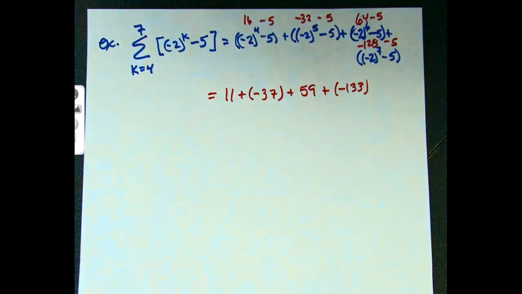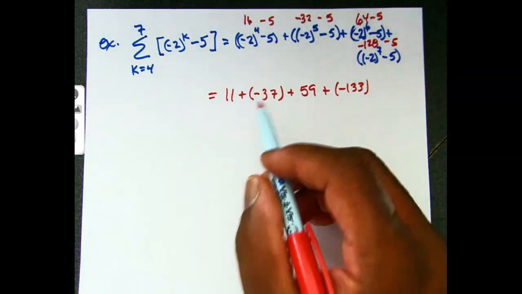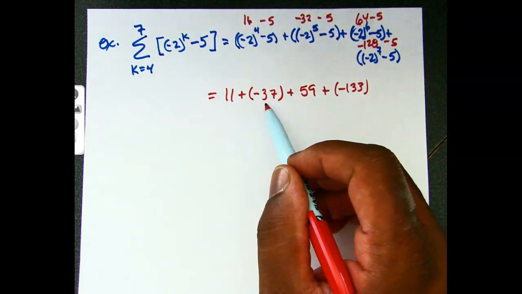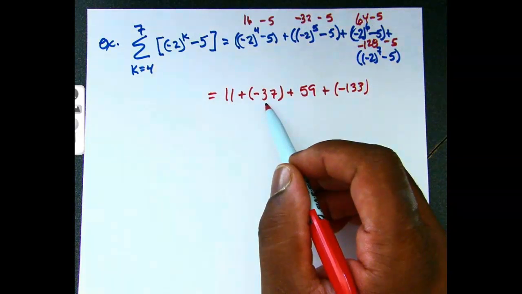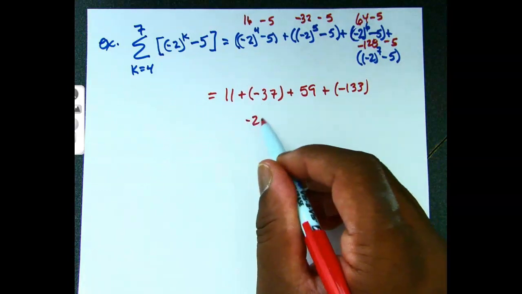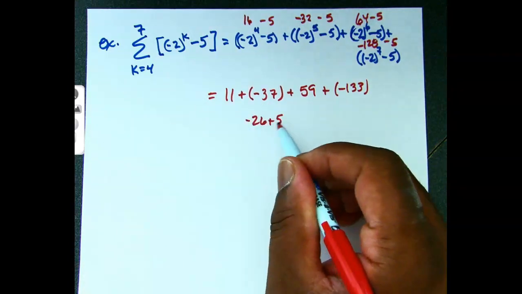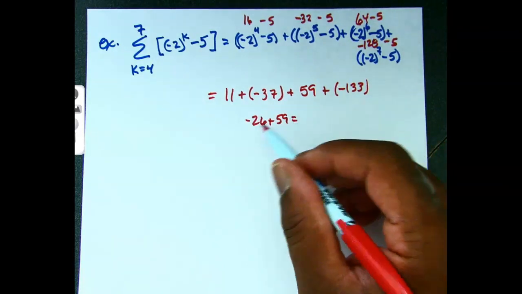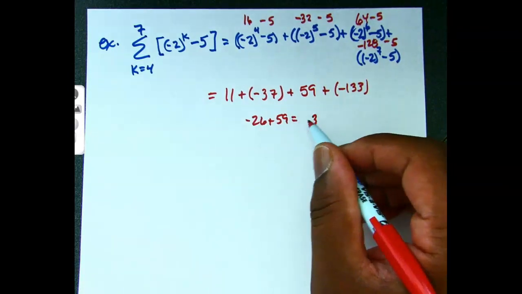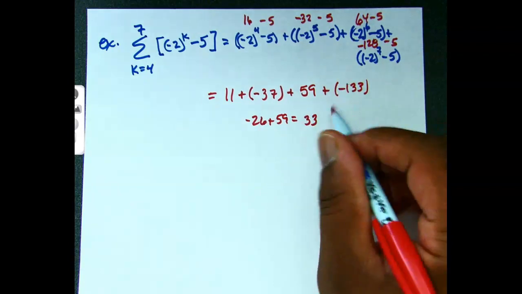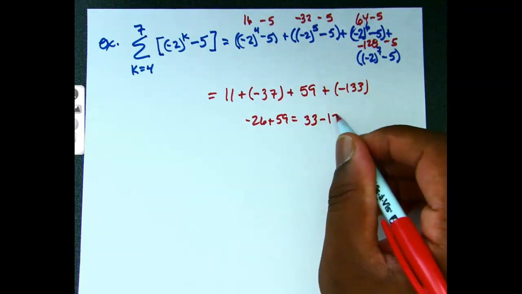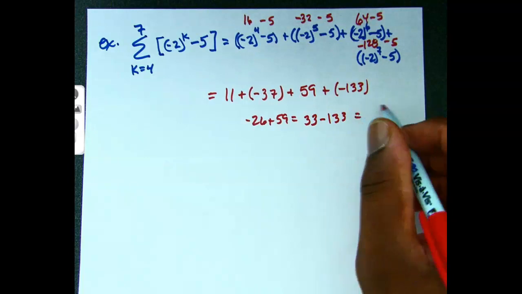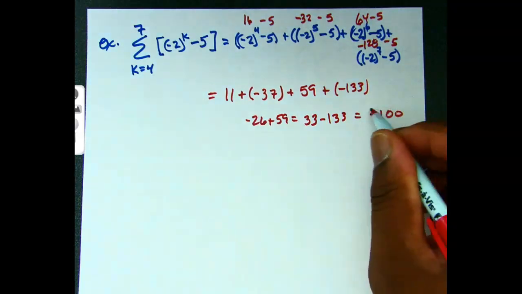So now when we add these up, let's see, 11 minus 37, so that would be a negative 26 plus 59, and that would be 33, and then minus 133. So our final solution would be negative 100.